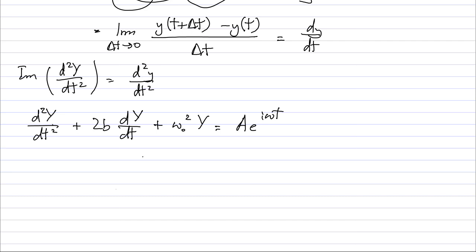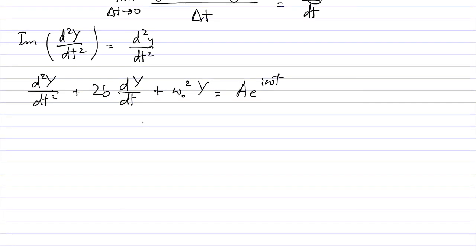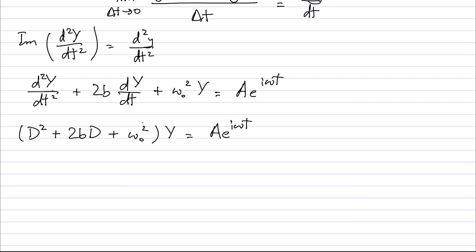I'll assume underdamped solutions for the complementary function, where I can write this equation as D square plus 2b D plus omega naught square acting on Y is equal to A e raised to the power i omega t. I first look at the homogeneous version of this, and then find the roots of the algebraic expression corresponding to it.